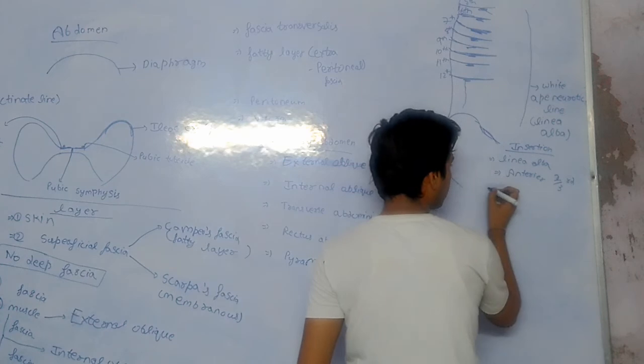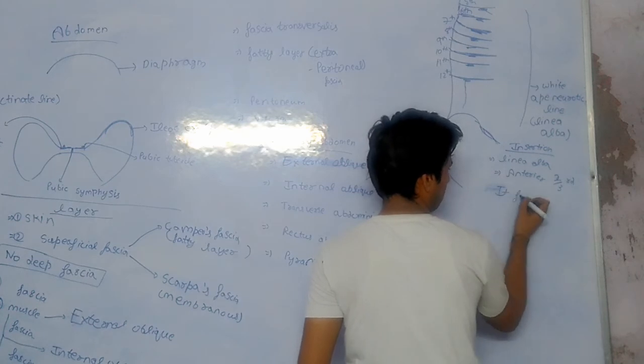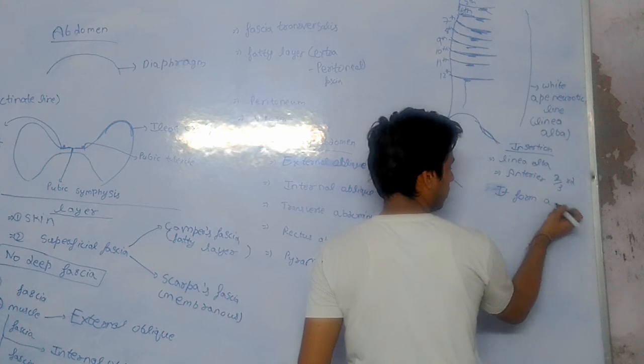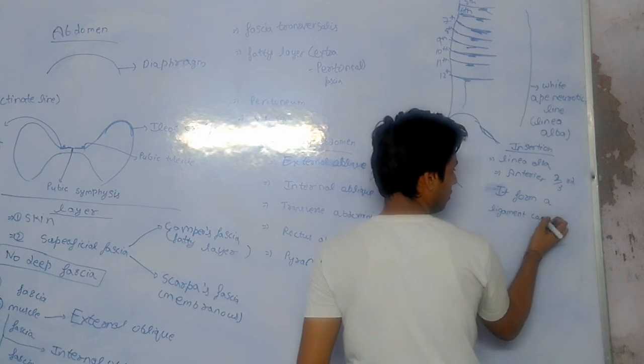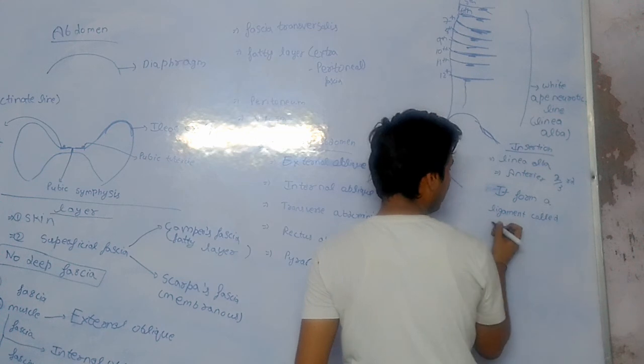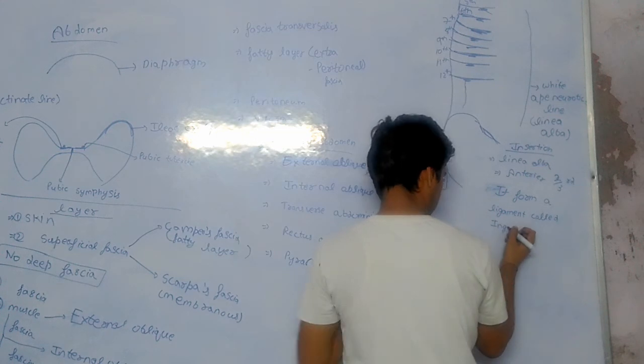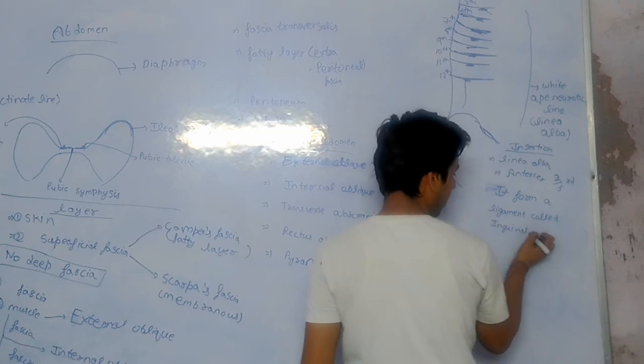Anterior two-third, it forms a ligament called the inguinal ligament.